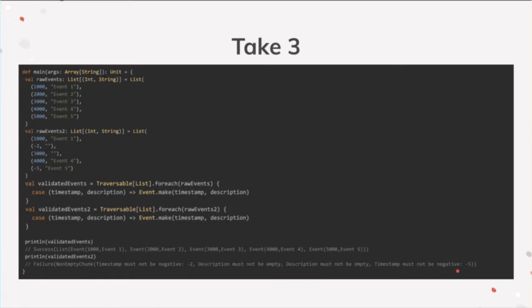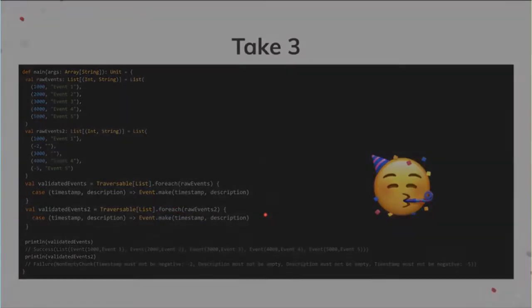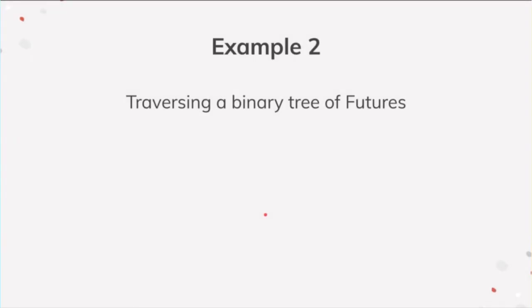That means it will have a left binary tree and a right binary tree. I've also added a map method to this BinaryTree data type. And here you can see I have created a Traversable instance for this binary tree. For that, I just needed to implement the forEach method.